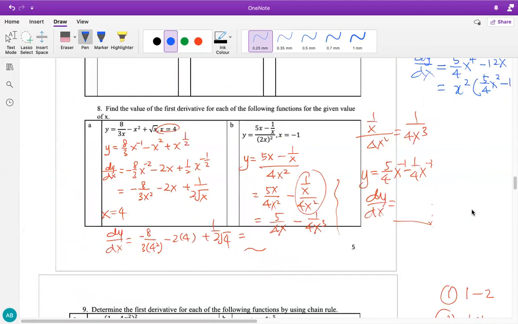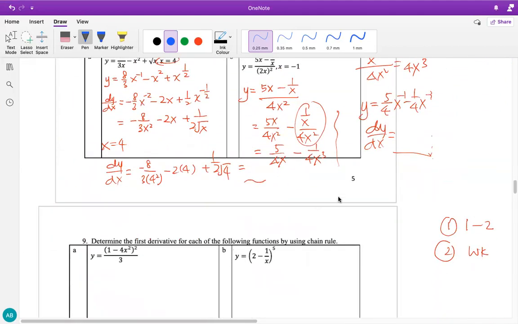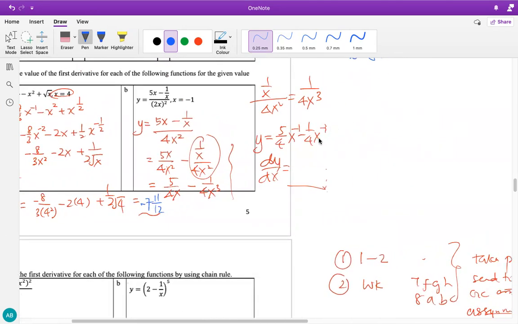Now we go to number 8. So number 8 already almost finished. So you substitute the value into dy dx. So you get negative 7 over 11, 12. And then this one not yet finished, right?